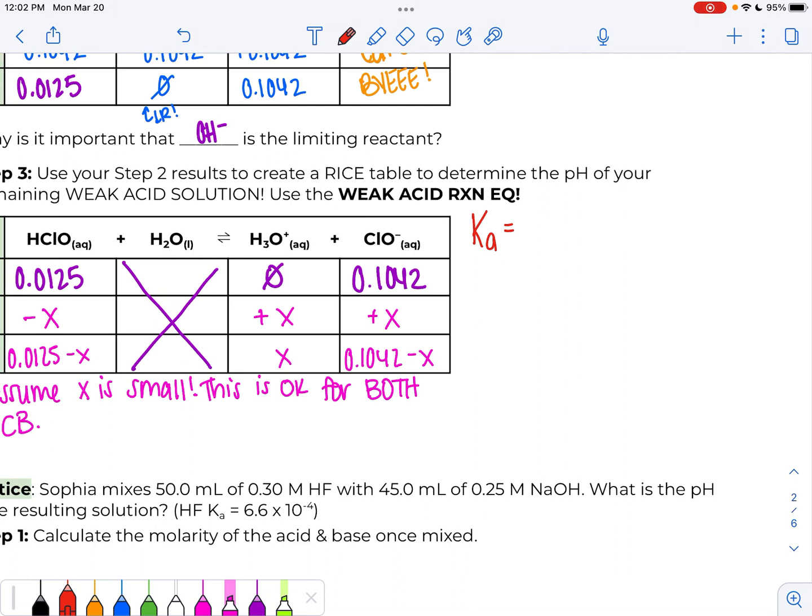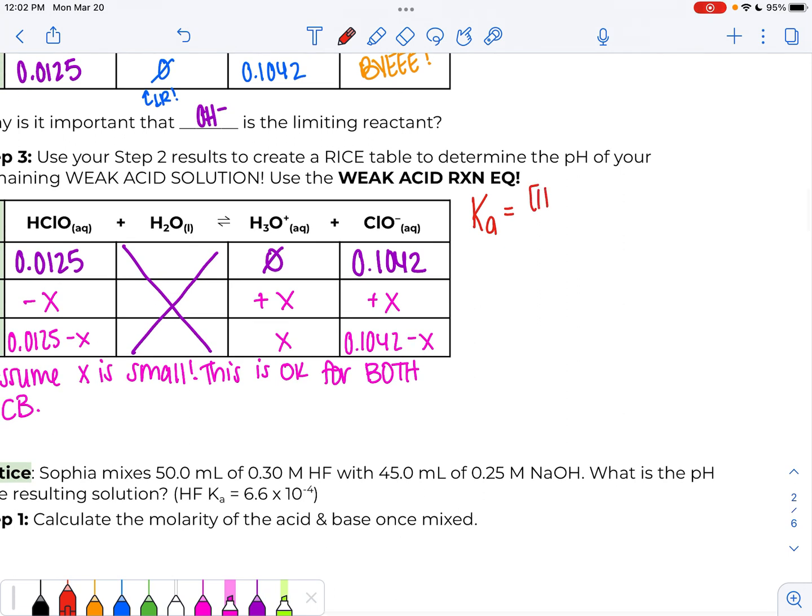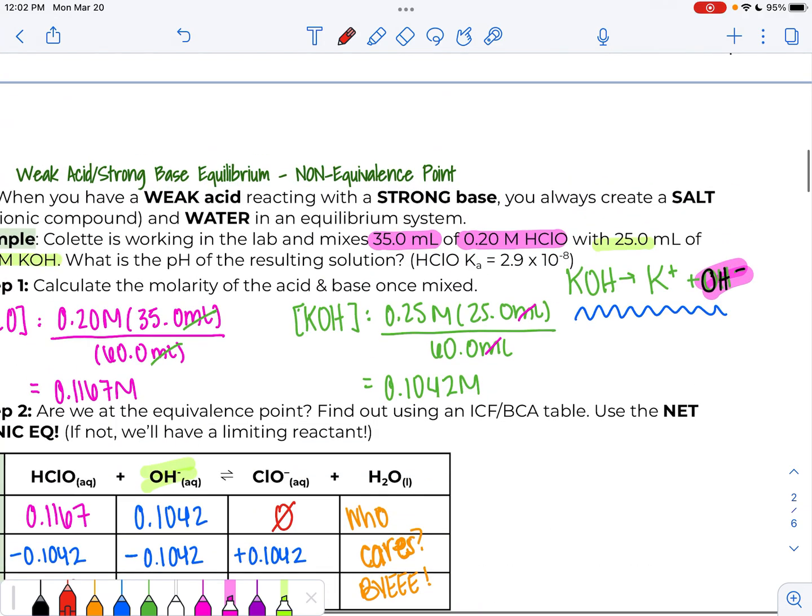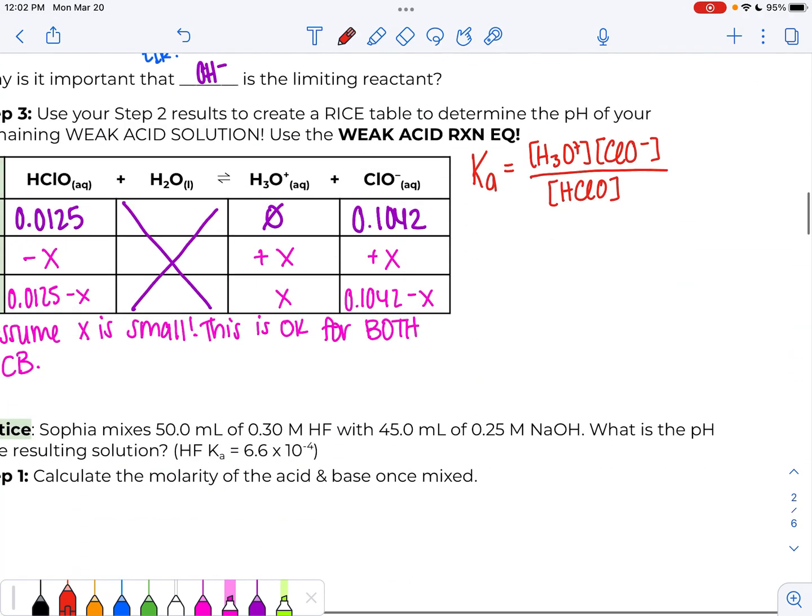Ka, our acid ionization constant, is equal to the concentrations of our products, H3O+ and ClO minus, over the concentration of our reactants, HClO acid. So we were given a Ka value for this acid up above. It is 2.9 times 10 to the negative eighth.